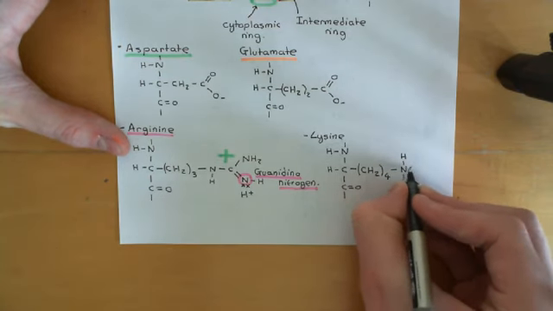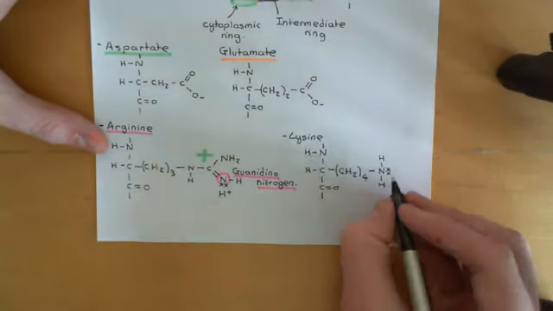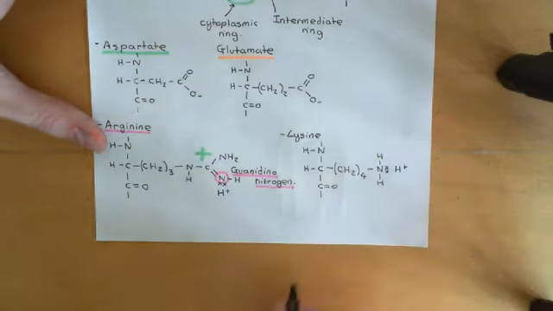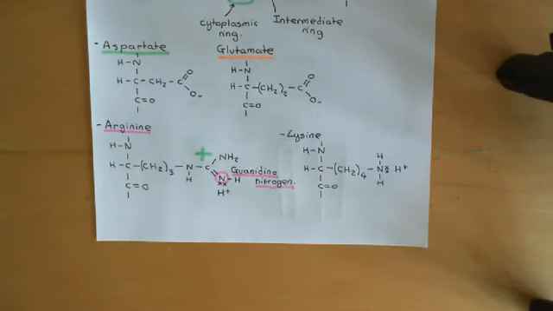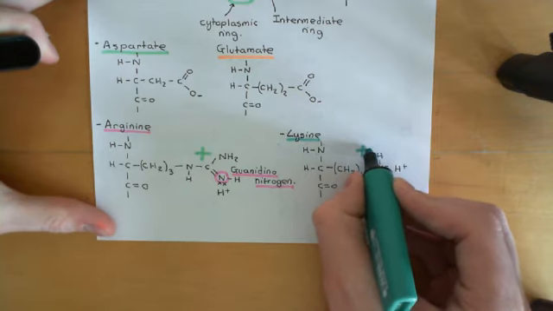Again, the nitrogen of this amino group will have a lone pair of electrons, and what can happen is a proton can come and associate onto that lone pair of electrons of the nitrogen on this neutral lysine residue. That can then give the entire lysine residue a positive charge.